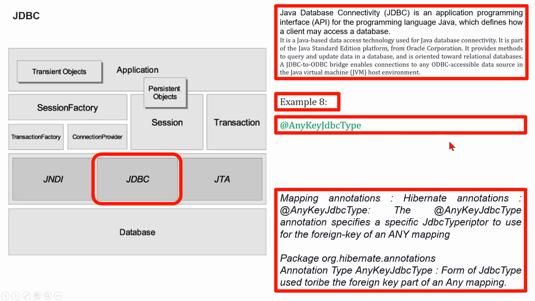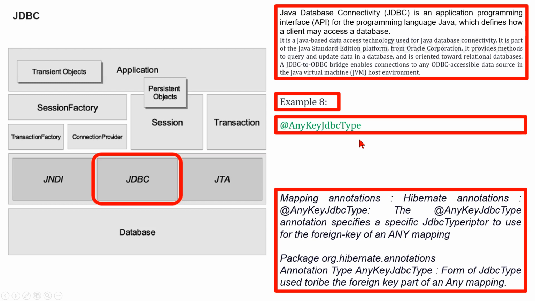Now we are considering the @AnyKeyJdbcType in Hibernate annotations, in mapping annotations. The @AnyKeyJdbcType annotation specifies a specific JDBC type descriptor to use for the foreign key of an any mapping.